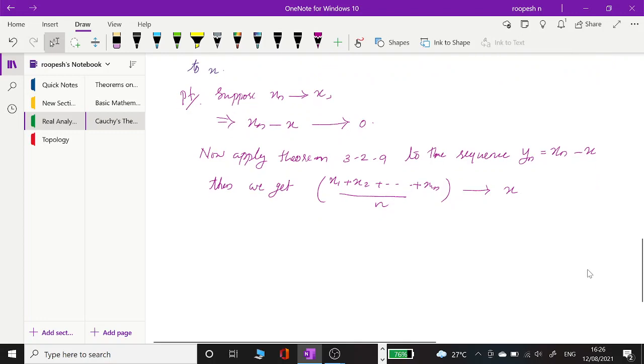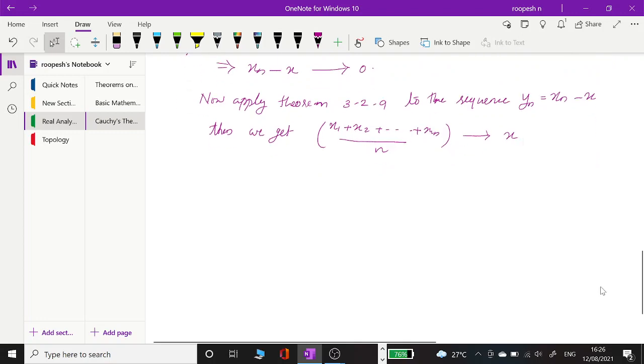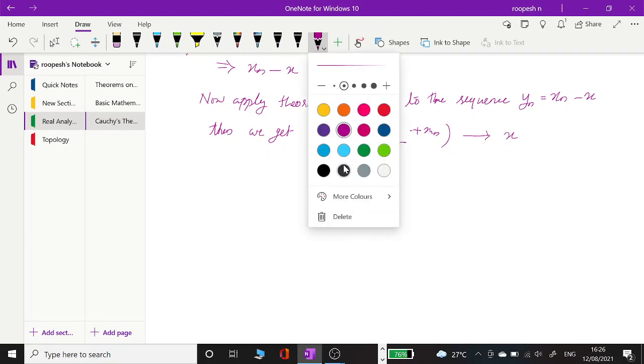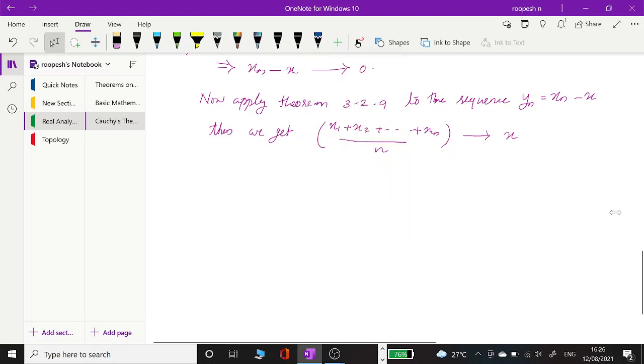Next we have an example. Example 3.2.11. How are we making use of this theorem? It's exactly a question itself.